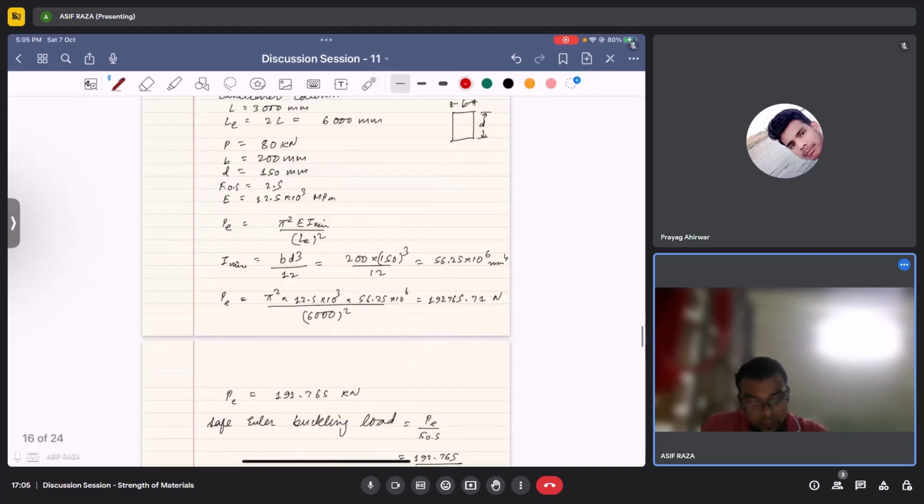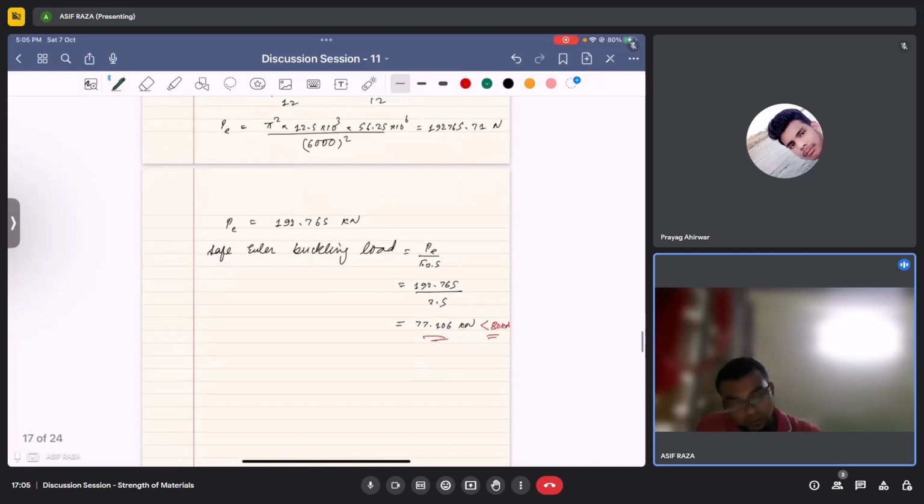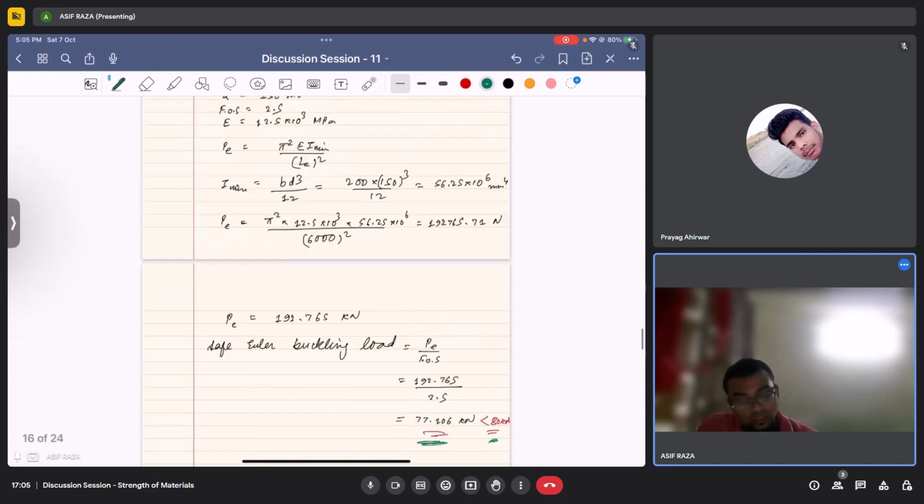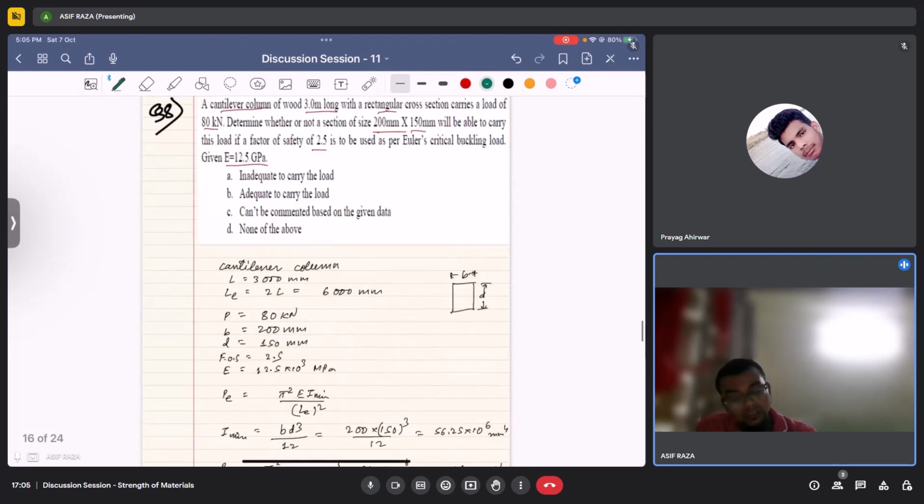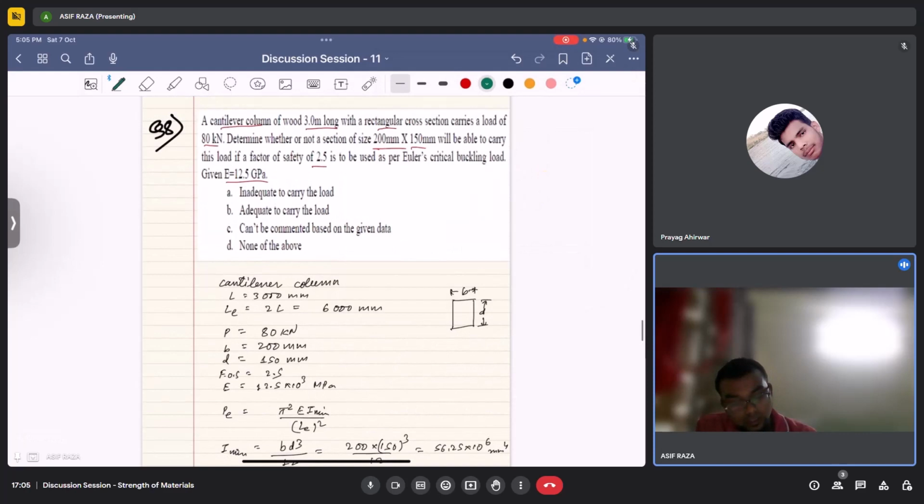So as my system is only able to carry this much amount of the load, and the load is provided as 80 kilonewton, it won't be able to sustain. Thus our correct answer would be that it's inadequate to carry the load.